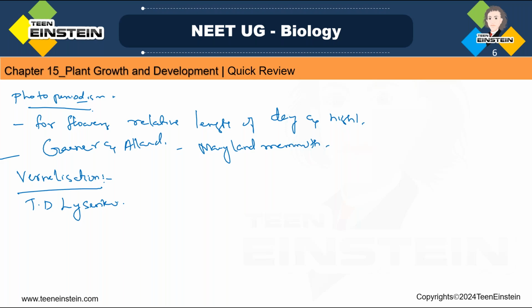The winter variety is getting converted into spring variety by providing low temperature or chilling treatment. That is called vernalization. How? By providing low temperature or the chilling treatment, we are converting the winter variety to a spring variety. So that is called vernalization.